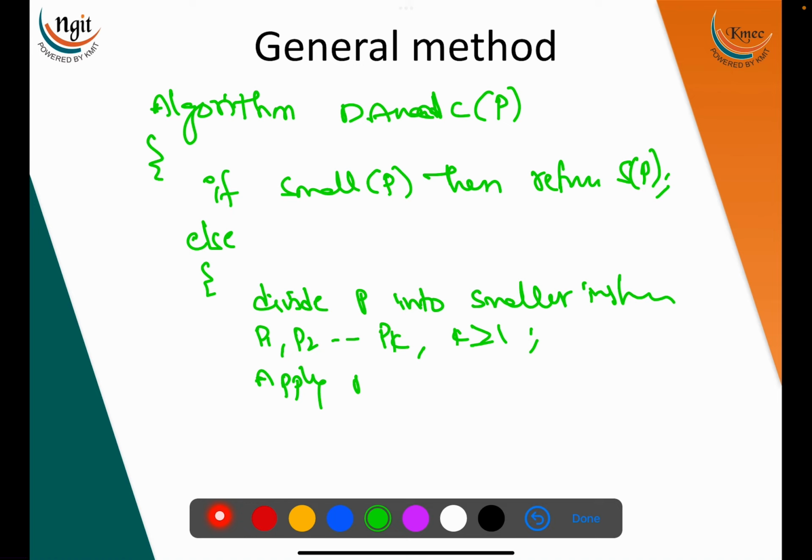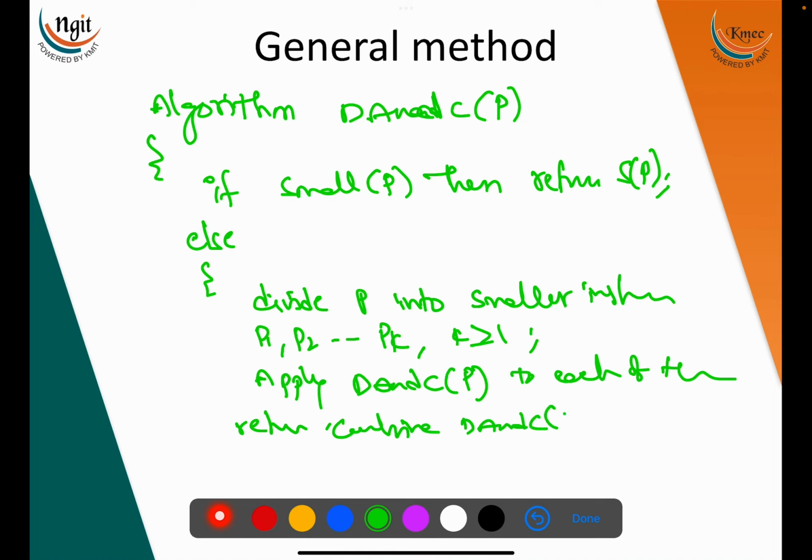Apply DAndC to each of these subinstances. Finally, we return Combine of DAndC(P1), DAndC(P2), and so on.